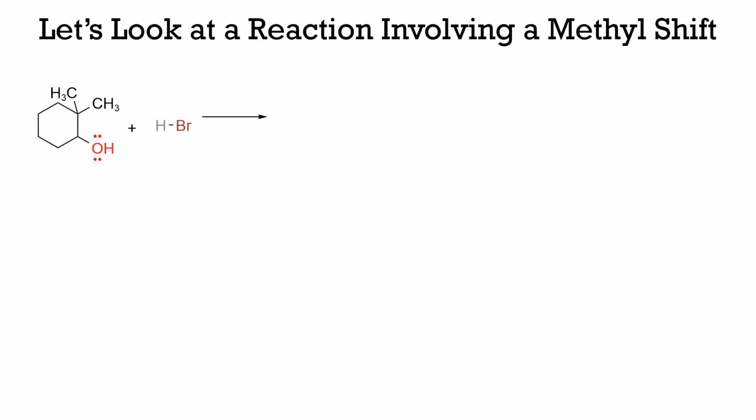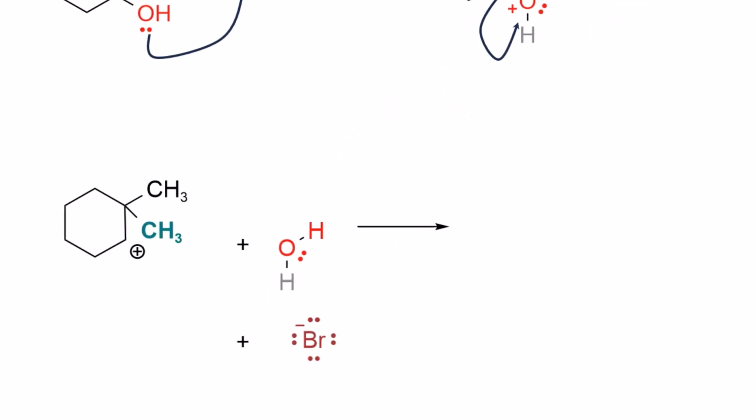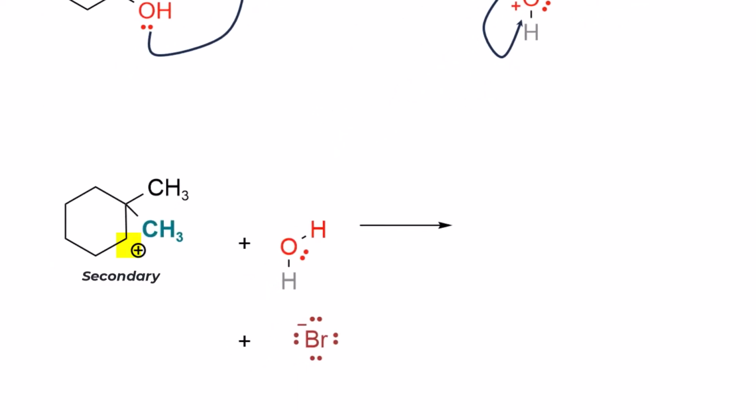Same reaction, so I'm going to react this. Oxygen is going to attack that hydrogen, do a proton transfer, lose bromine. Here's my hydronium intermediate. I'm going to take that and lose water as my leaving group. Again, I have a secondary carbocation. Notice I have that methyl, that CH3, highlighted now in green, because that atom and the electrons are going to migrate to where that positive charge is.